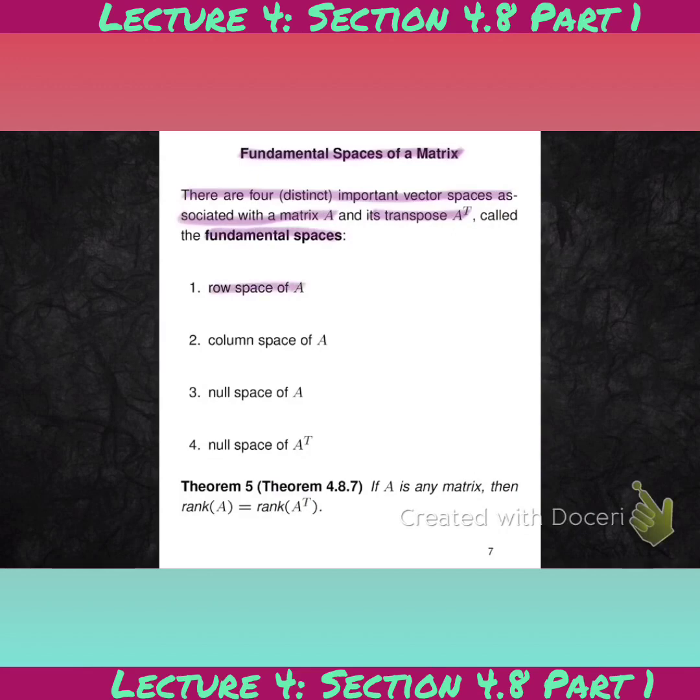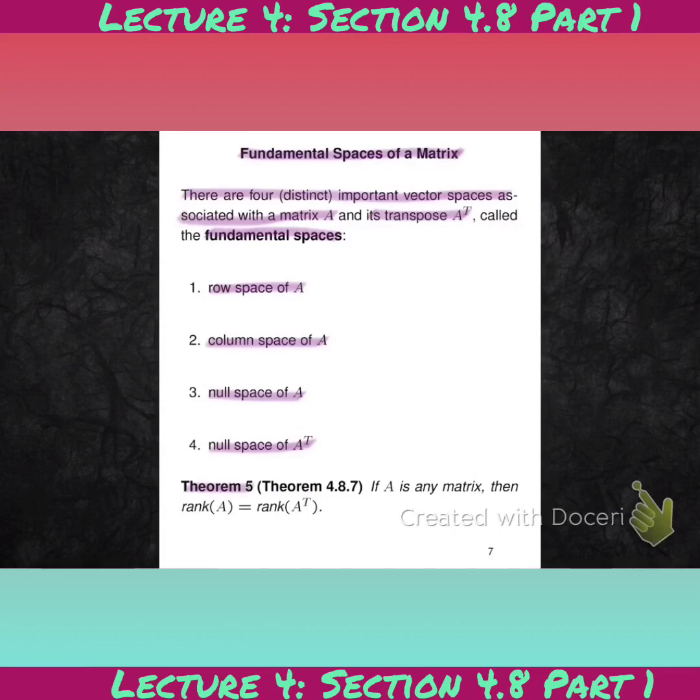It's the row space of A, which is the space spanned by the row vectors of A, the column space of A, the space spanned by the column vectors of A, the null space of A, the space formed by the solutions to the system A x bar equals 0 bar, and then the null space of A's transpose, which is the solution space to the system A transpose x bar equals 0 bar.